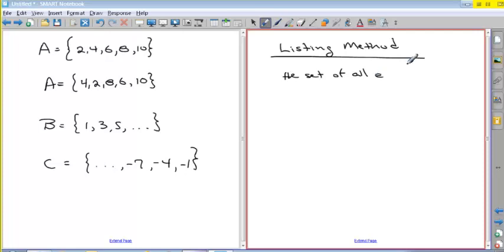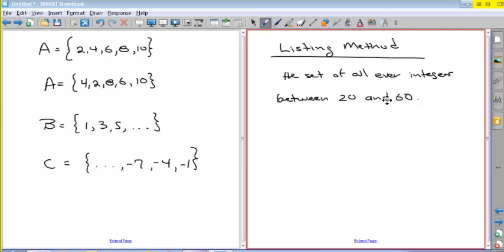Let's do even integers between, let's say 20 and 60. So when you're using the listing method, you're doing something like this. You either list them all or you use some abbreviated version of it.